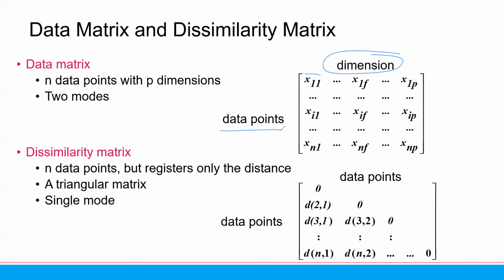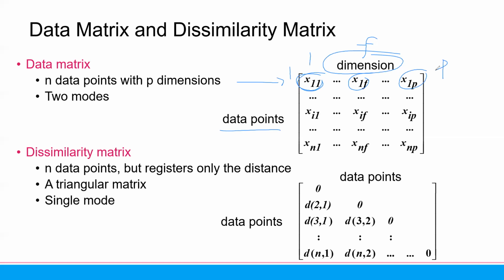So if we have the attribute 1 and this is the object 1, then I can say this is x11. And I have the attribute f and this is the object 1, then I can say this is x1f, and so on until we have the dimension p.